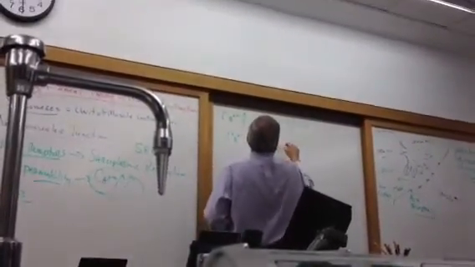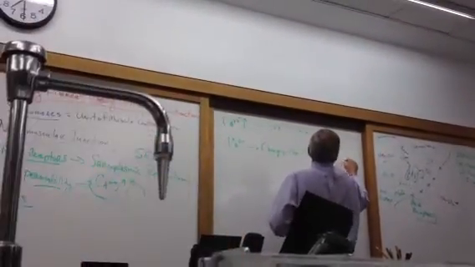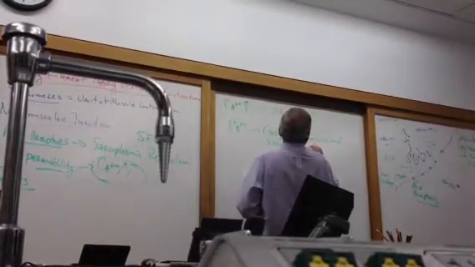So the sarcoplasmic reticulum releases calcium, and that extra calcium in the system changes the conformational shape of troponin.